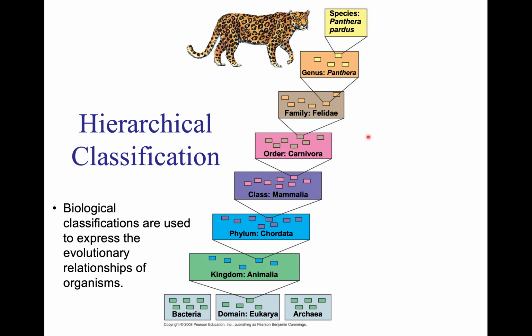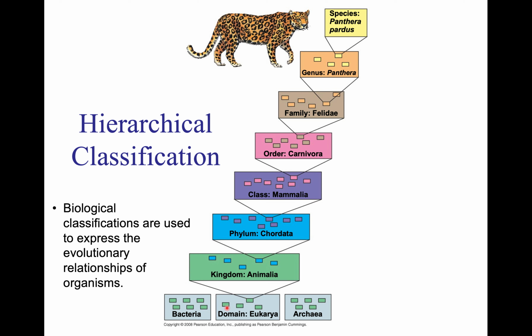And if you've ever studied classification before, you may have seen hierarchical classification, which is the whole idea that you have these nested groups, from the three domains of life, bacteria, eukarya, and archaea, which are the three really broad groups, down to specific individual species that each belong to an individual genus, that each belong to an individual family, and so on.